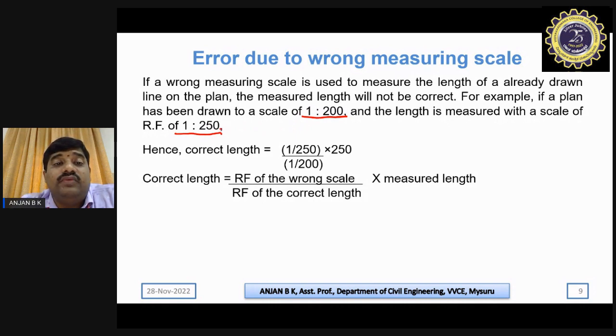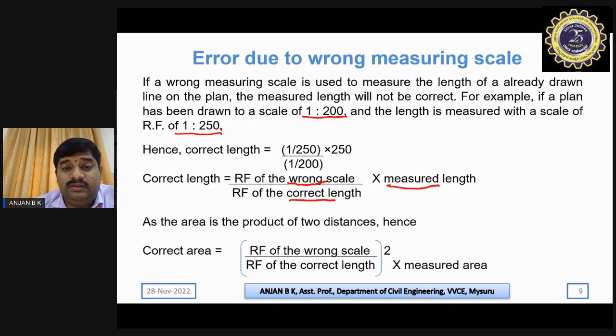So in order to find the correct length, there is a formula: correct length will be equal to the RF, that means representative fraction of the wrong scale divided by the correct scale, into measured length. Similarly, the area can also be calculated. Correct area can be calculated by squaring the ratio of the representative fractions.